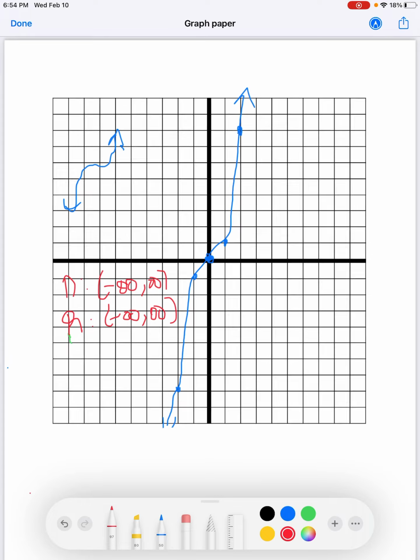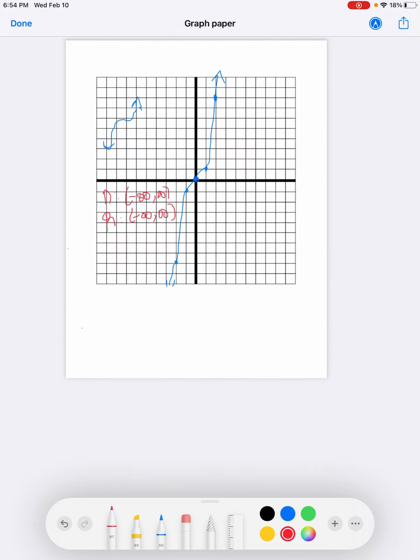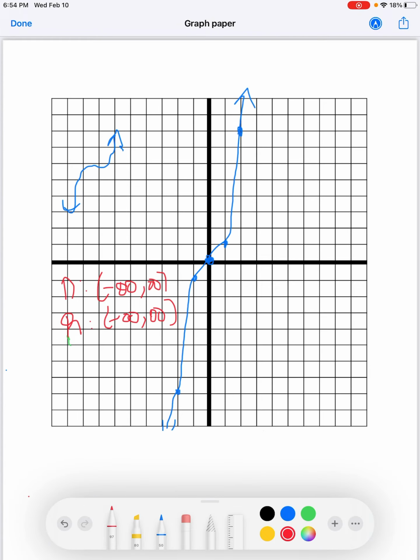Just turn your device upside down and see if it looks the same. Yes, it does. That's why it's odd. And it is symmetric with the origin, not the y or x-axis, just the origin. There is no relative minimum because it goes down forever. It doesn't ever decrease, it just increases from negative infinity to positive infinity, and it looks like a snake, like I already said. So that's cubic function.